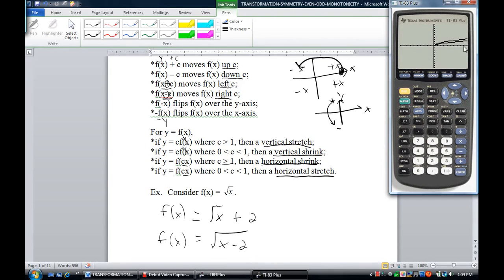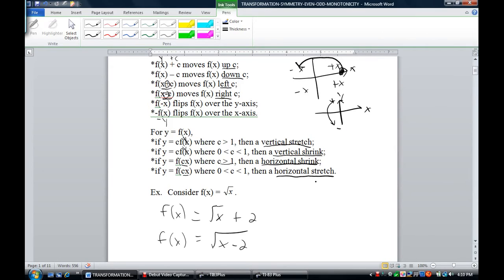See that? Stretch it out horizontally. So if you're given a graph and asked to determine if it stretches or shrinks horizontally or vertically, you really can't tell for the most part. So just be aware of those. So more times than not, you'll actually be given the function.